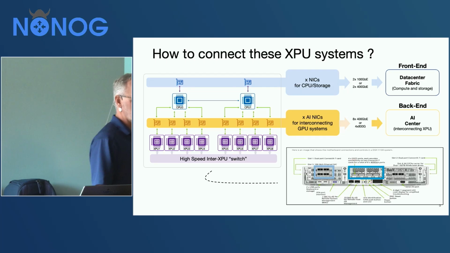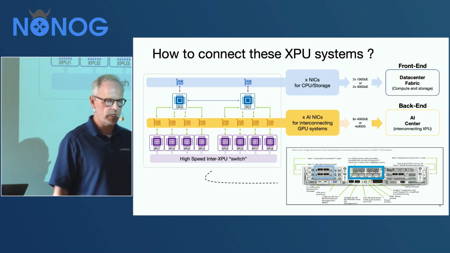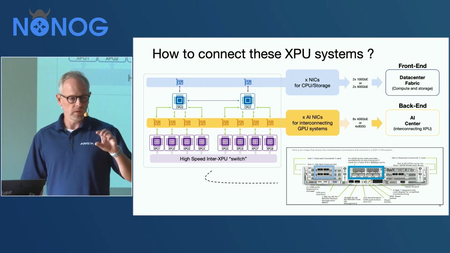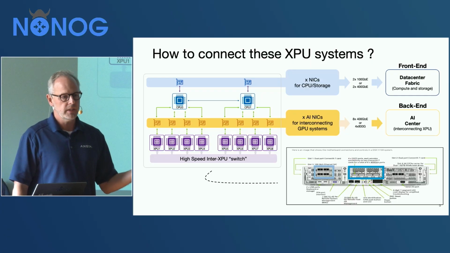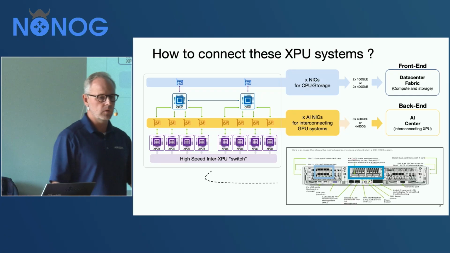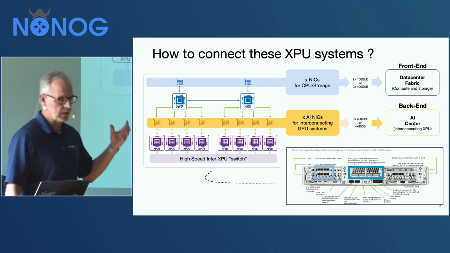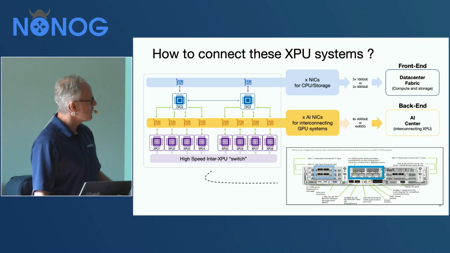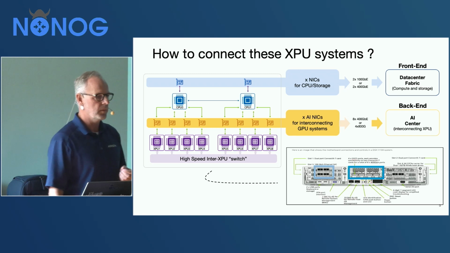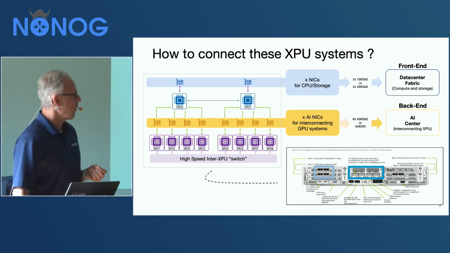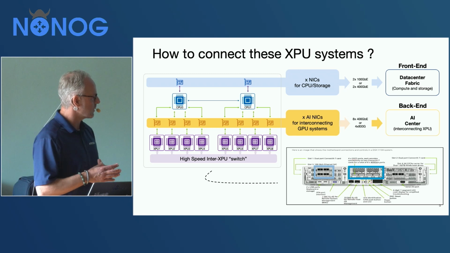Then we have an internal network between the GPUs. So there is an internal matrix or bus or whatever you call it. In NVIDIA language, it's called NVLink or NVSwitch, depending on whether it's in one server or in a rack. So those are the 3 networks that we need to take into account when designing AI networks.